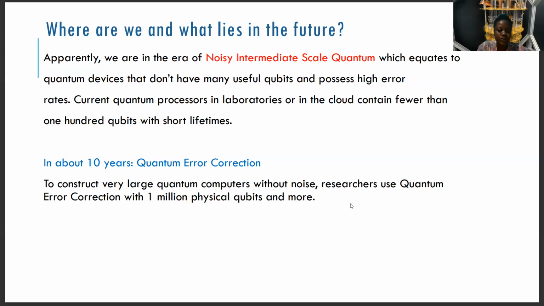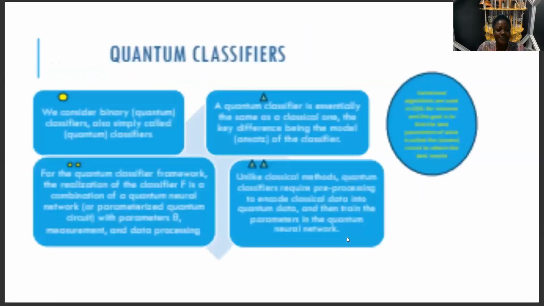For now, we have about 50 to 100 qubits available with quantum computing. So we don't have many qubits, and these qubits are also not achieving high accuracy. Okay, so I move on, please.